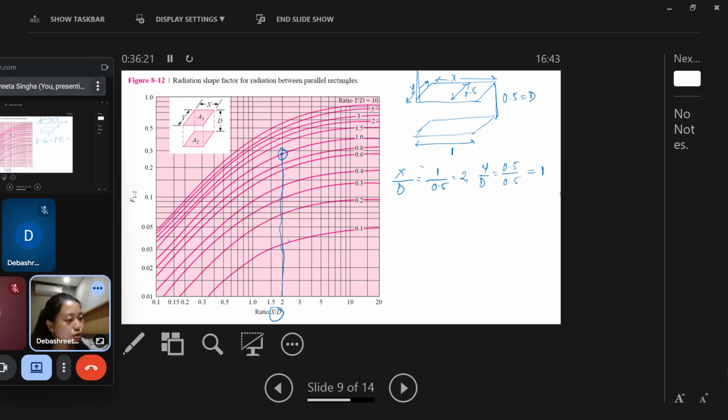If we draw a perpendicular from here to the y-axis, we get around 0.285. So if we consider this as surface 1 and this as surface 2, F1 is 0.85.